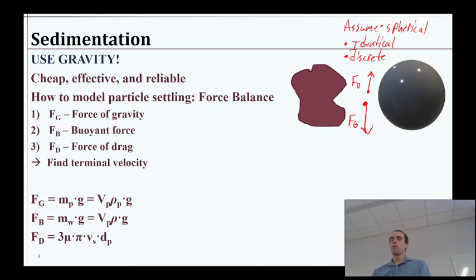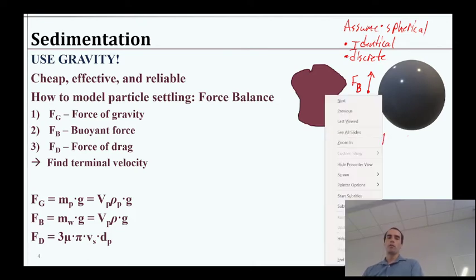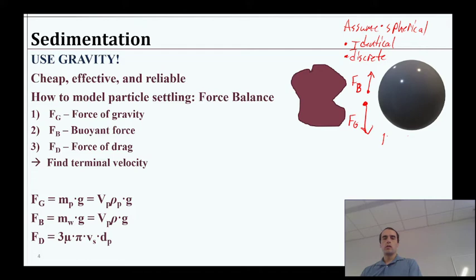The buoyant force. That's based on the amount of mass displaced by the object. And then assuming we get some sort of a velocity one way or the other, then we get a drag force. So if we assume that we are having a particle moving downward to settle, then we'll have a force of drag to compete with.